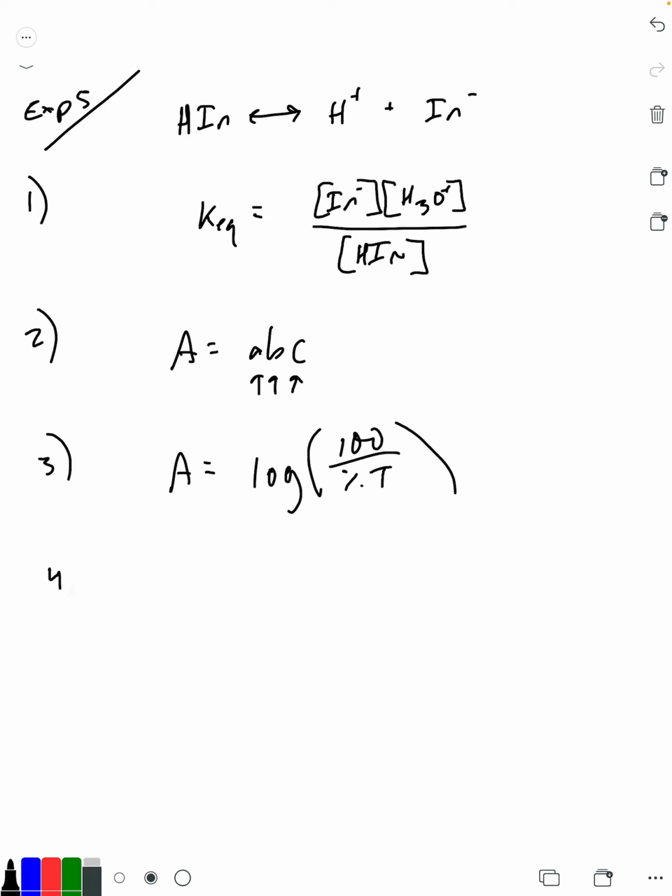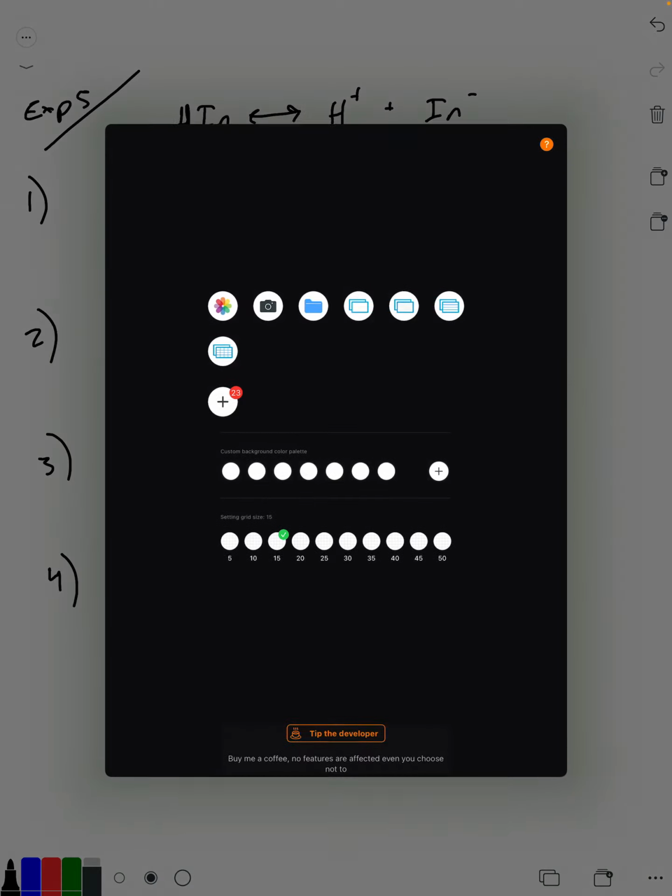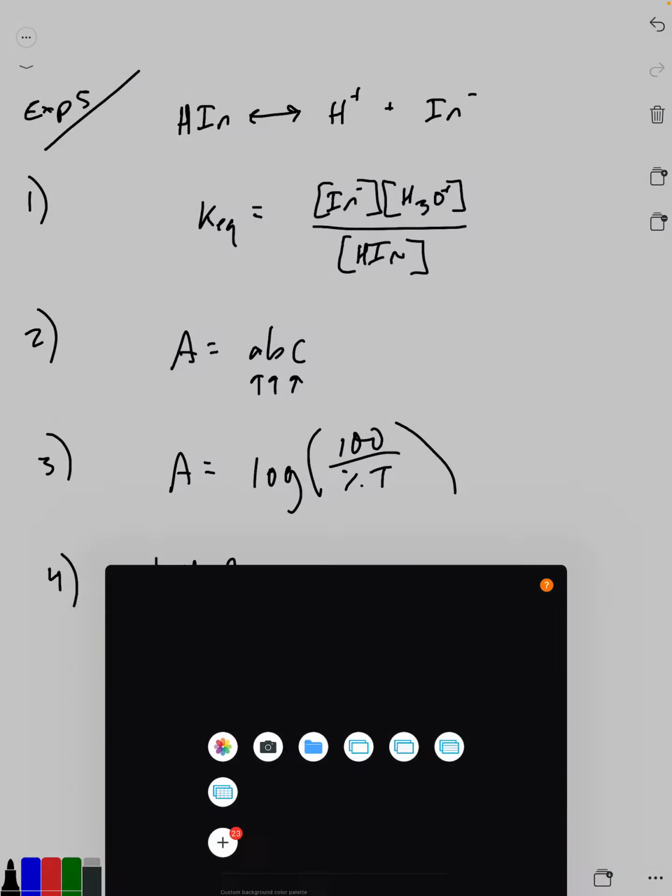Question number 4. What is the KH2PO4 used for? I don't think anybody got this wrong. It's a buffer. It resists change in pH. Okay, post-lab.